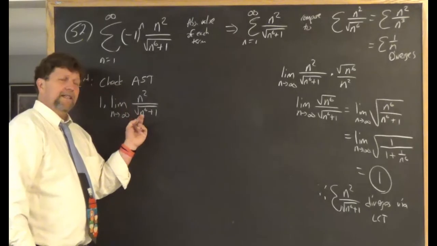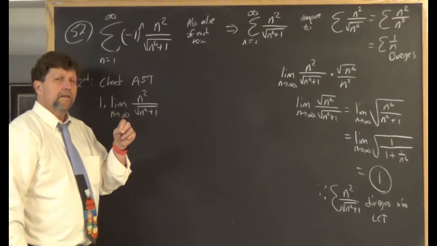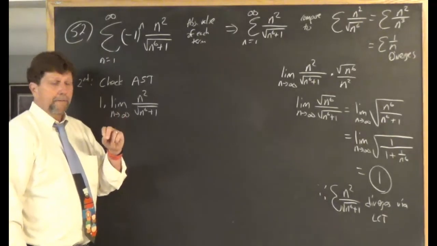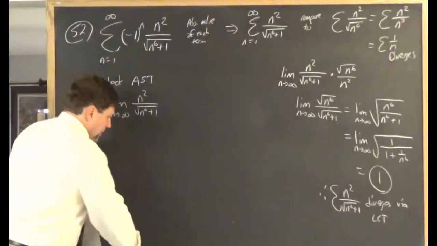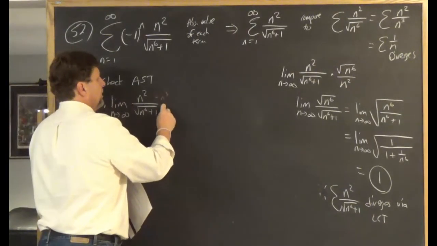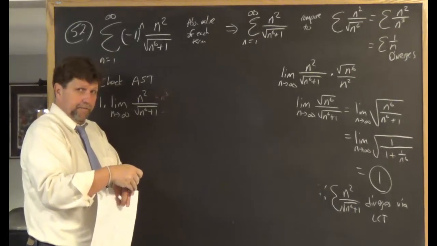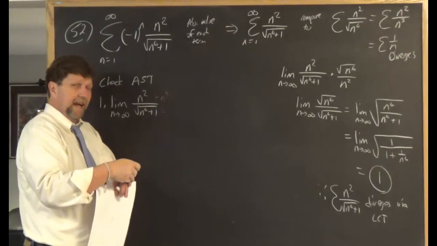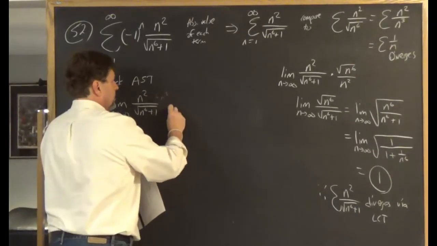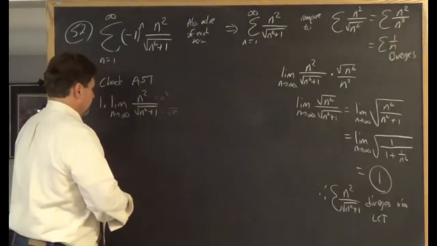The largest thing I see in the denominator is the square root of n to the 6th. That's n cubed. So I'm going to divide everything in the numerator and denominator by n cubed. But keep in mind that when I'm dividing the denominator by n cubed, I'm going to disguise that n cubed as the square root of n to the 6th.